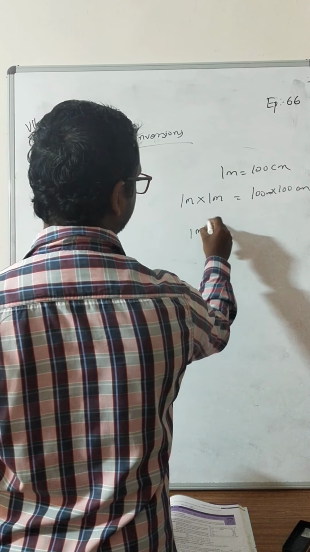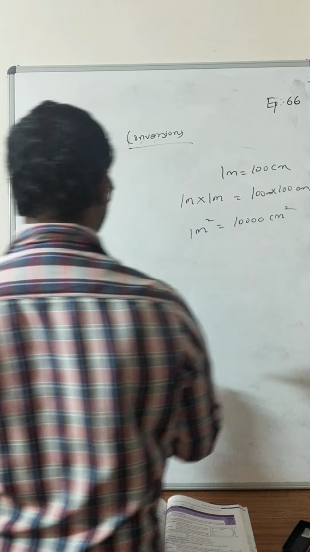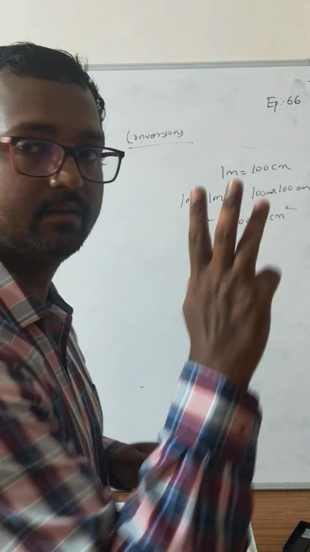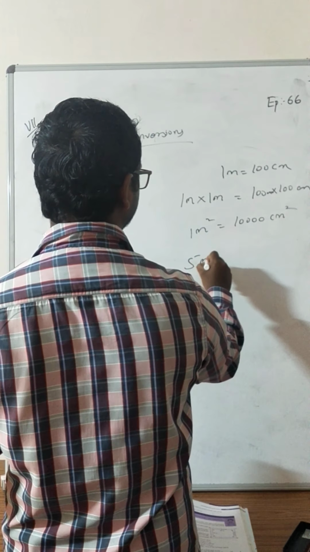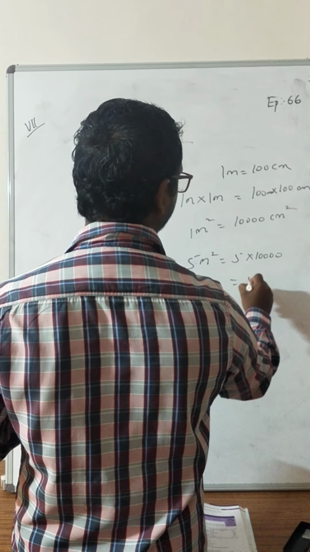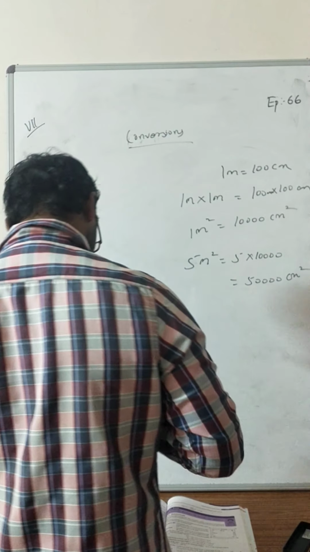So 1 meter square is equal to 10,000 centimeter square. Then 5 meter square is how much? 5 meter square is 5 into 10,000, which is 50,000 centimeter square.